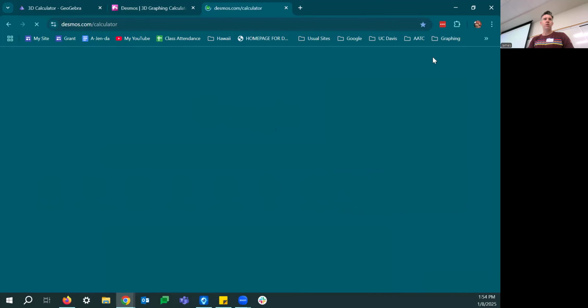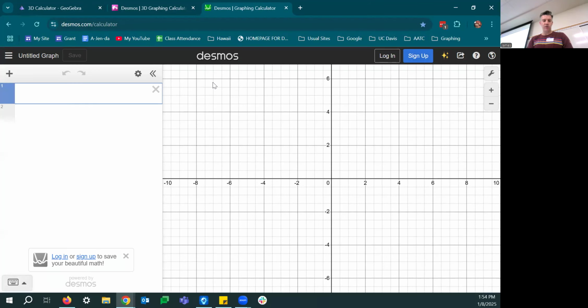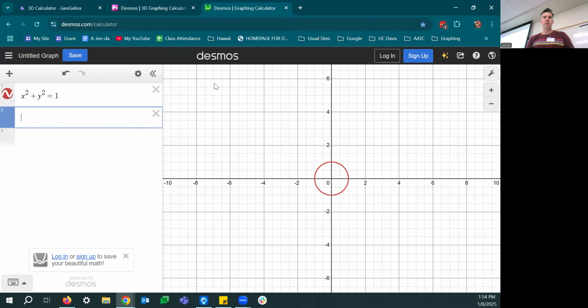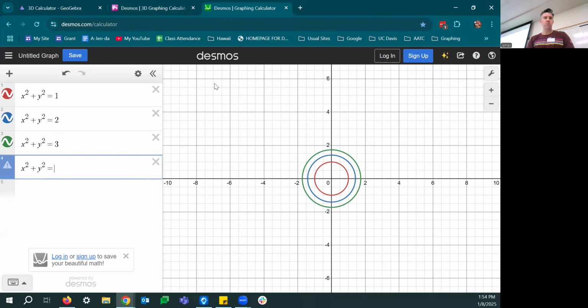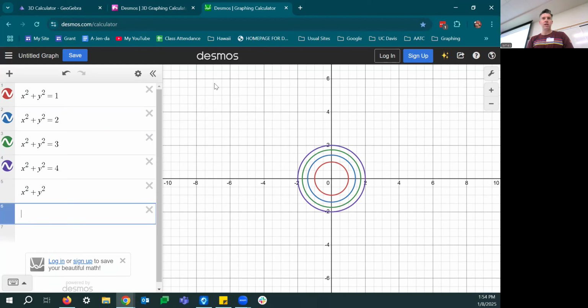So let's point out, if we graph these circles, there's a radius 1. And so if I increment k by 1 each time, you see that these circles, whoops, sorry.